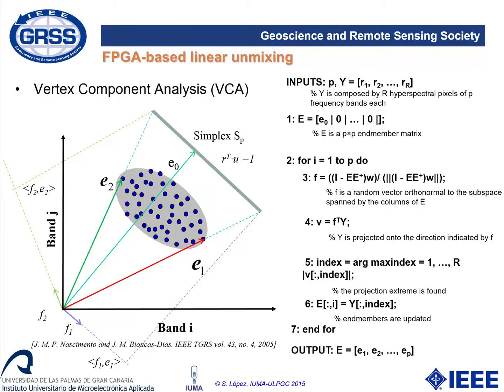So we update our end members matrix, then we again compute a new vector until we do it p times. So at the end what we have is the set of vectors that are from E1 to EP.